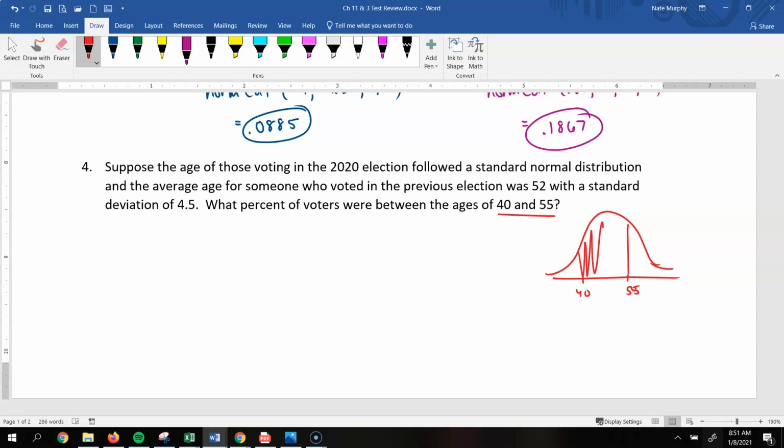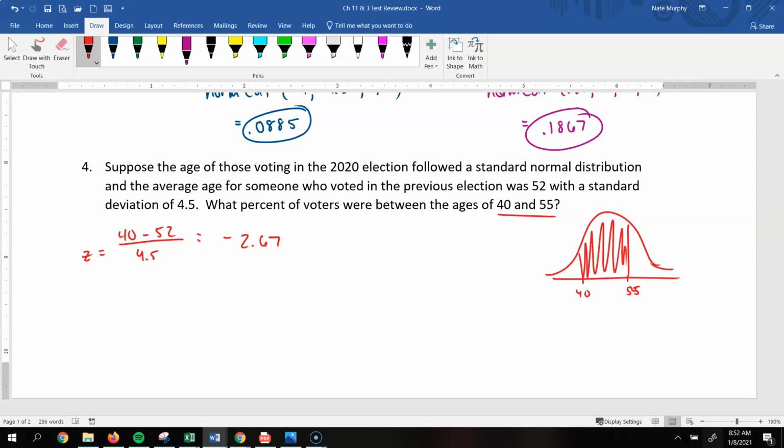Okay, now, in order to do that, we need to convert that 40 and 55 to z-scores. So we're going to start by finding the z-score for 40 and the z-score for 55. For the 40, we know that the average was 52, and the standard deviation was 4.5. So if I take 40 minus 52 divided by 4.5, I get negative 2.67.